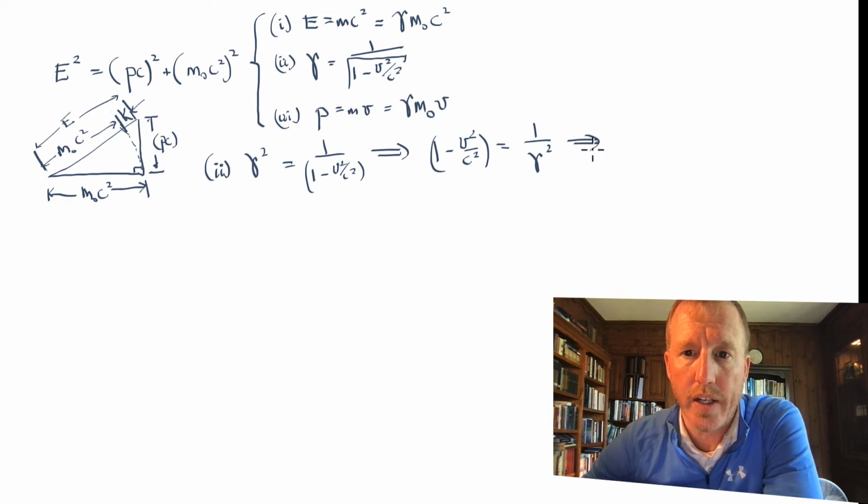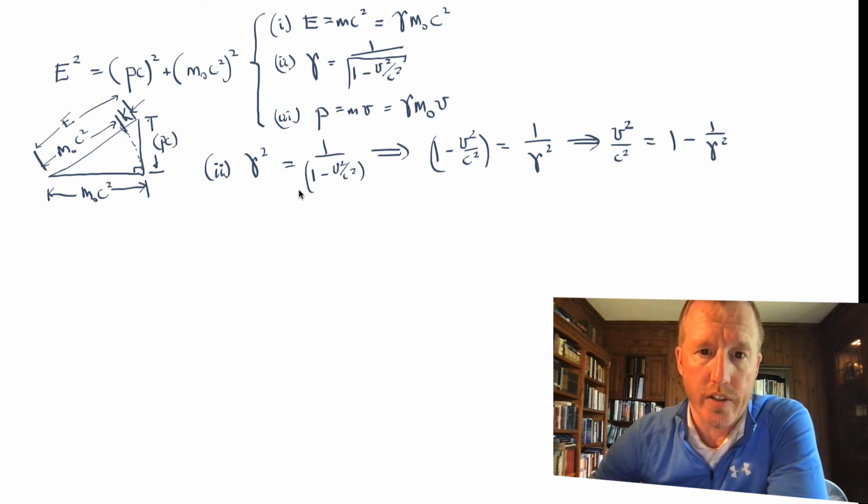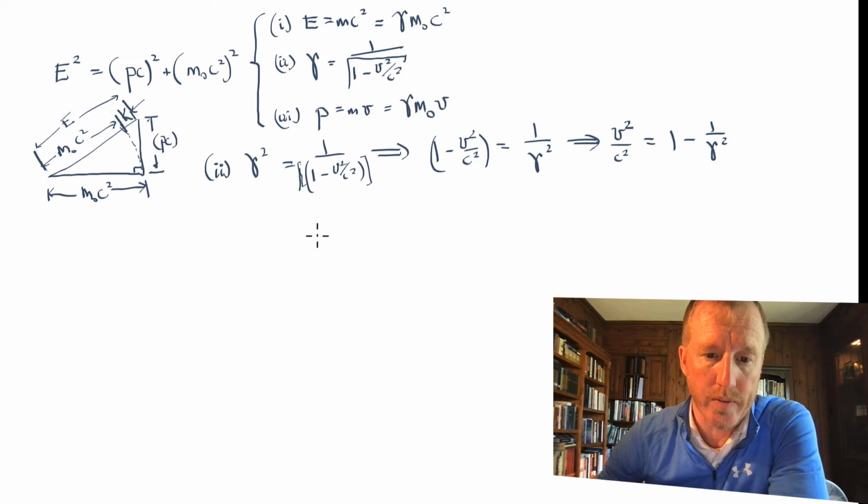And then we can solve for v squared over c squared, which we can, and we get v squared over c squared equals 1 minus 1 over gamma squared. Okay, so we're just going to keep this in mind. We're going to put that in our back pocket, so to speak. We'll come back to that formula later. We've solved this definition for the quantity v squared over c squared.